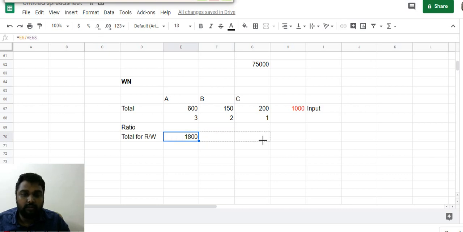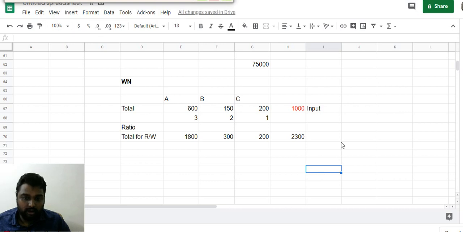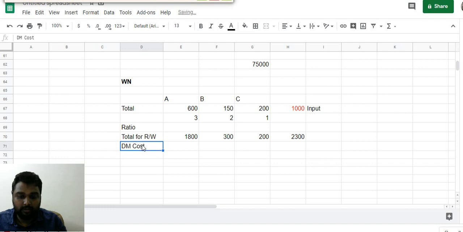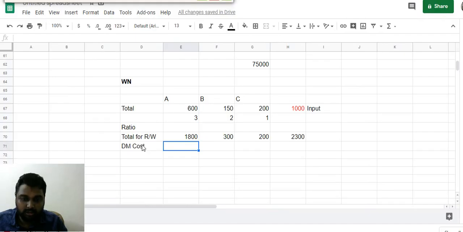Similarly for all the items. 150 into 2 comes to 300. So the sum total for all the items will come to 23 hundred. Our ratio will be the same ratio. So what is the direct material cost? Direct material cost is 4600.